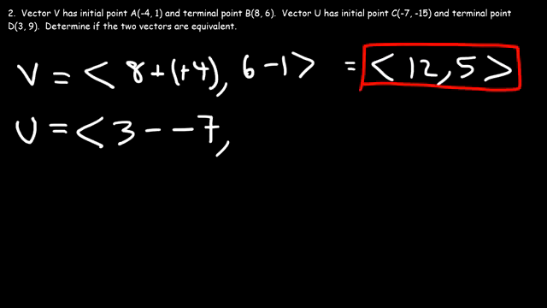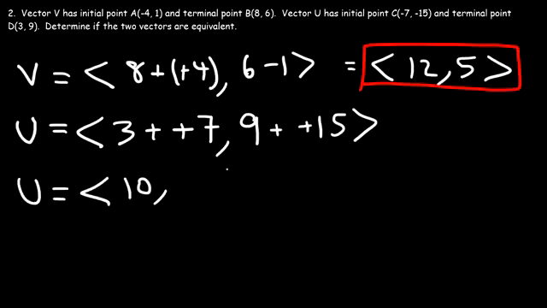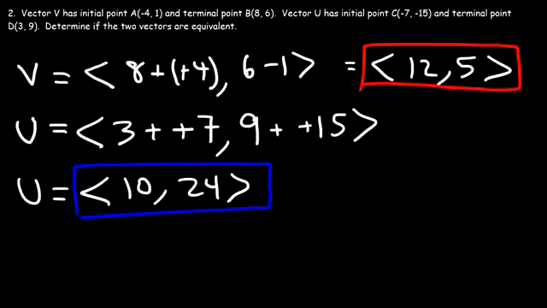Now the y component of the terminal point is 9, and the y component of the initial point is -15. So it's 9 minus -15. So we're going to have 3 plus 7 and 9 plus 15. 3 plus 7 is 10, 9 plus 15 is 24. So this is the component form of vector u.